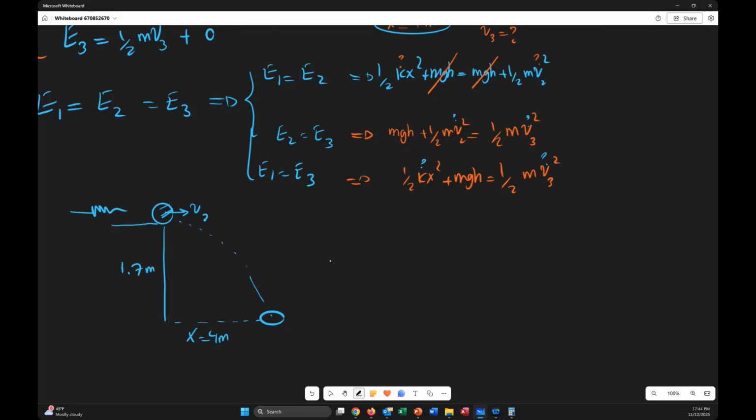I have range, yes? You remember YF equals YI plus VIY t plus 1 over 2 AY t squared, in the y-axis. And in the x-axis, what was that? XF equals XI plus VIX delta t.